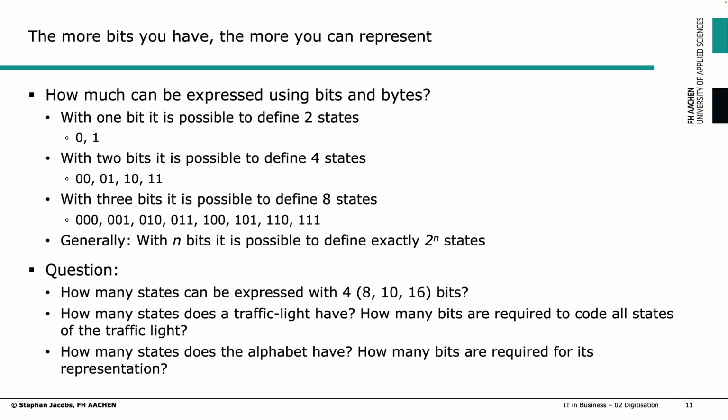So in total there are 4 states of the traffic light: red, red-yellow, green and yellow. And now we could use simply 2 bits to represent these 4 different states. For example, 0 0 could be red, 0 1 could be red-yellow, 1 0 could be green, and 1 1 could be yellow.